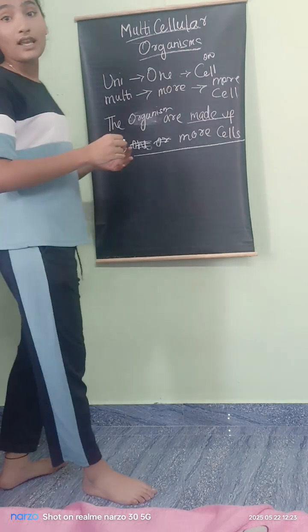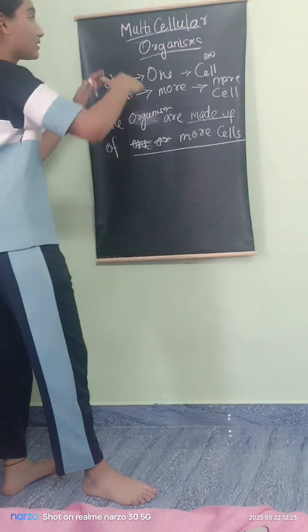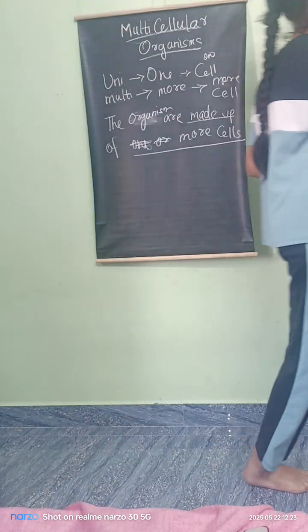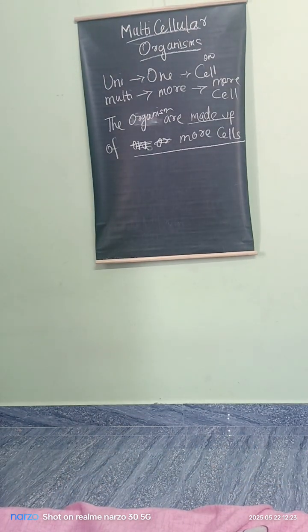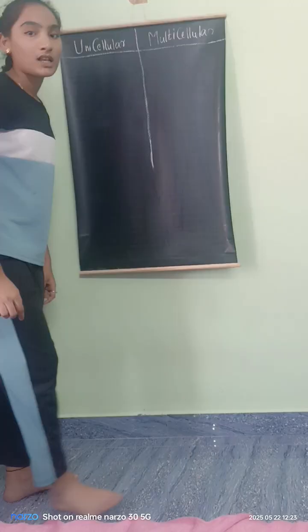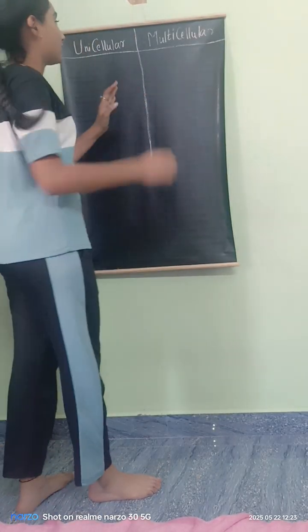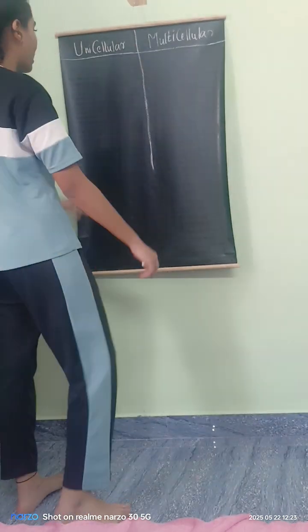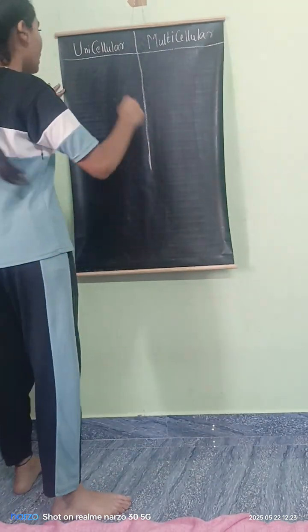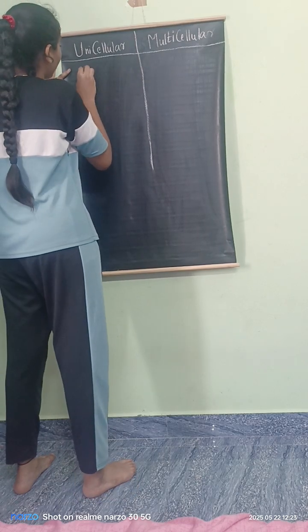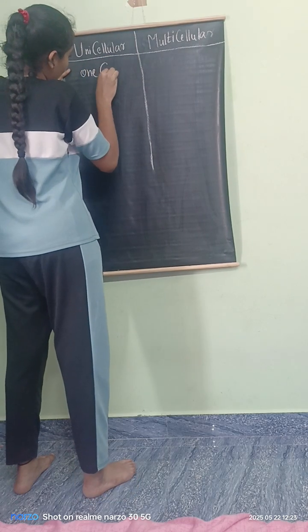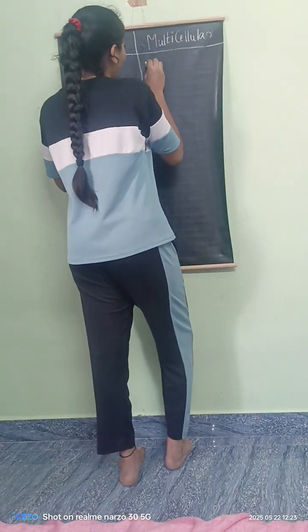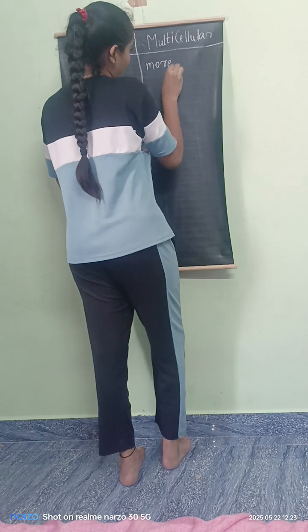Next, let's make a table of the differences between unicellular and multicellular organisms. First, unicellular organisms have only one cell, while multicellular organisms have more cells.